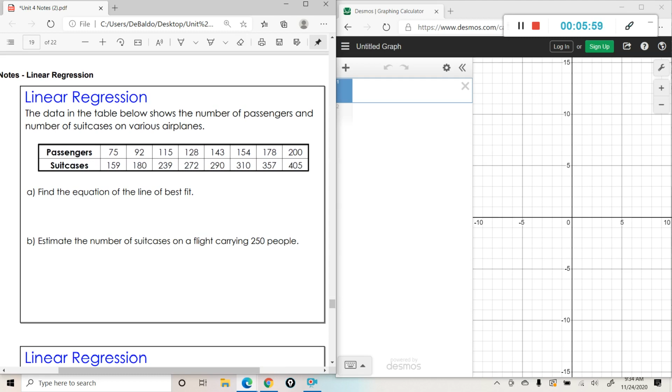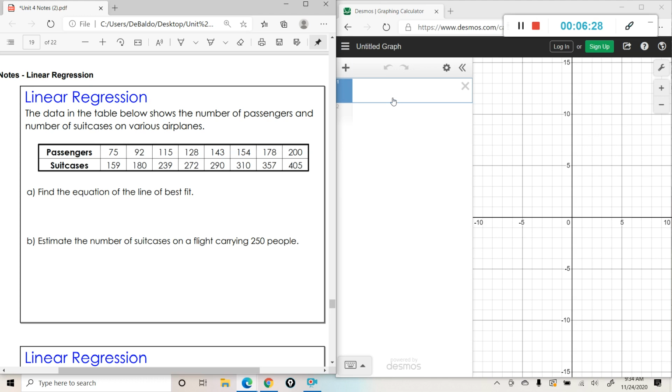So you can see we have a table of values that represent the number of passengers and the number of suitcases that are present with that many passengers. We want to find the equation of the line of best fit, and then we want to estimate the number of suitcases on a flight carrying 250 people. So that's where the estimation is going to come in. But let's first go ahead and create our line of best fit.